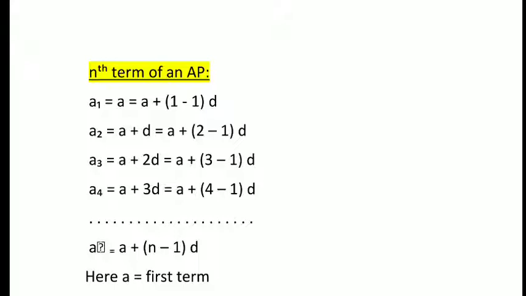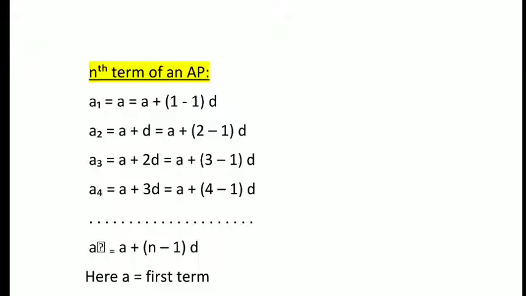a plus d. In the same way, the third term a3 is a plus 2d and is equal to a plus 3 minus 1 into d. Here if you calculate the pattern a plus 3 minus 1 into d, 3 minus 1 means 2, so here also it matches a plus 2d, no?